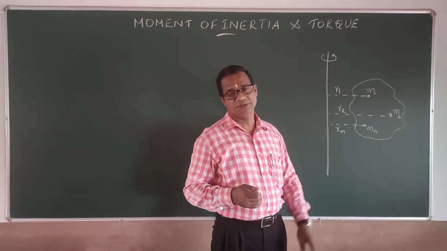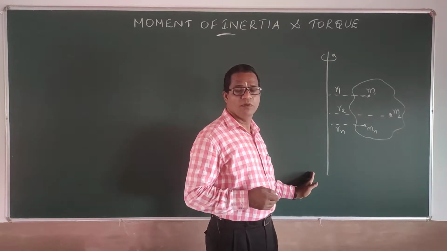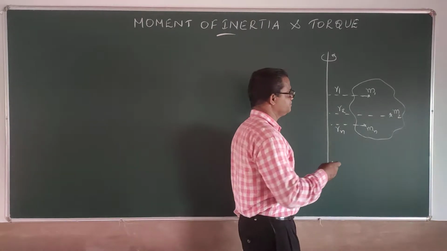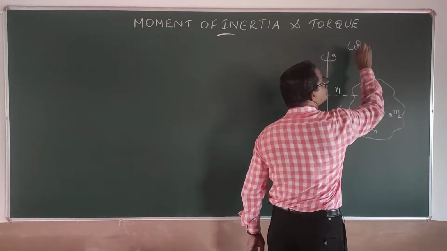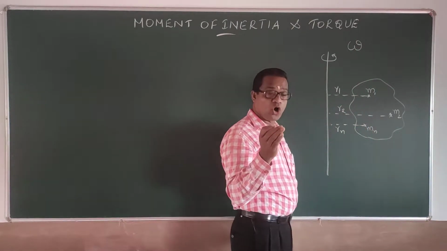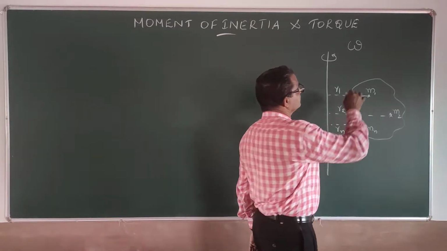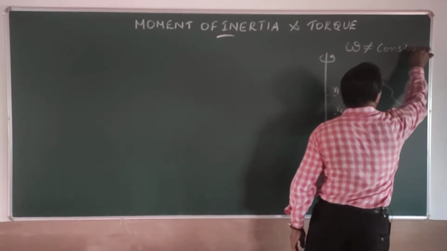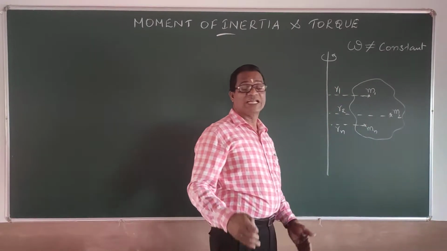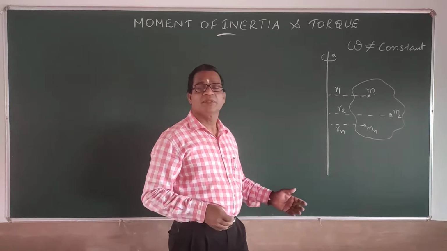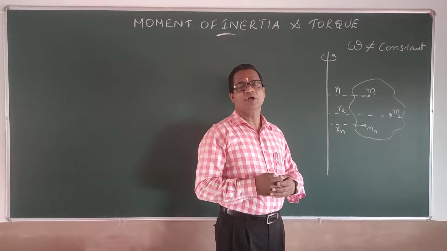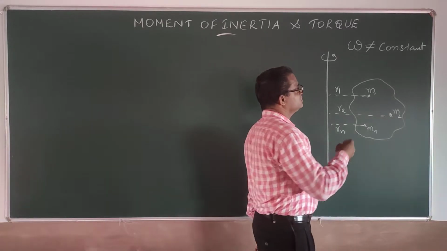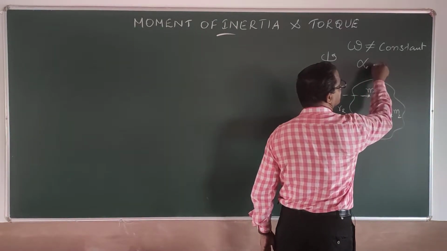rotating about an axis with increasing angular velocity. Angular velocity omega is not constant; it's gradually increasing. That means the rotating body has an angular acceleration, which I take as alpha.